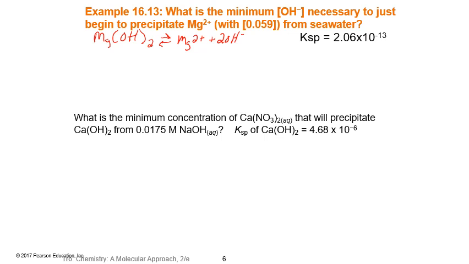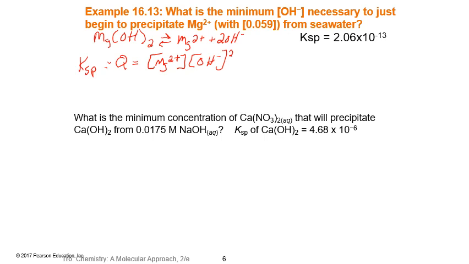So we are going to look at our Q value. We know the magnesium concentration. We are trying to figure out the hydroxide concentration. And so what we're going to do is set it equal to the KSP to see just when that would happen.